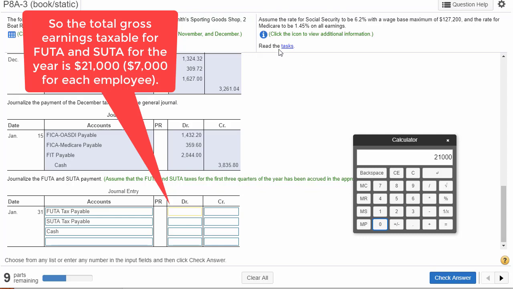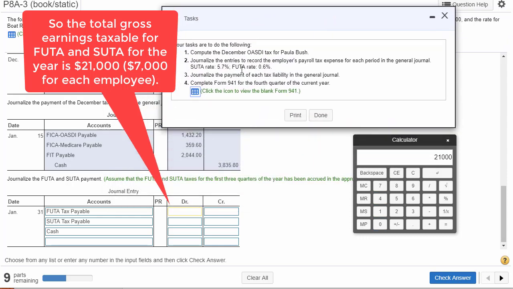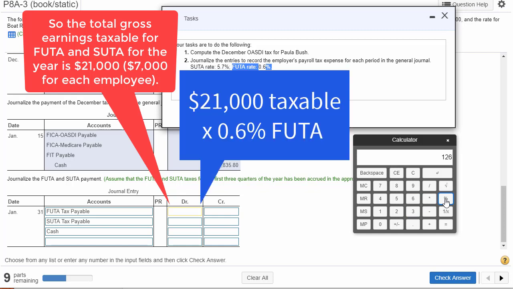So we've got 21,000 taxable. And then we're going to multiply that, to remind you where to find the rates, if you forgot. FUTA is 0.6%. So 21,000 times 0.6% is $126. So we're going to clear that, type in 21,000 again, taxable, because FUTA and SUTA both have $7,000 wage base limits per employee.